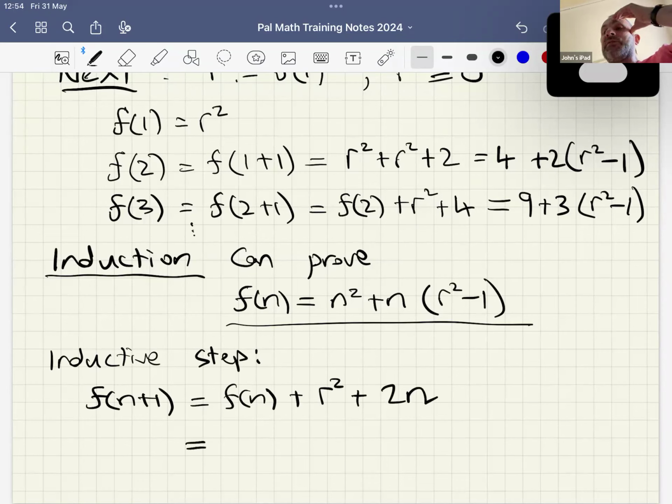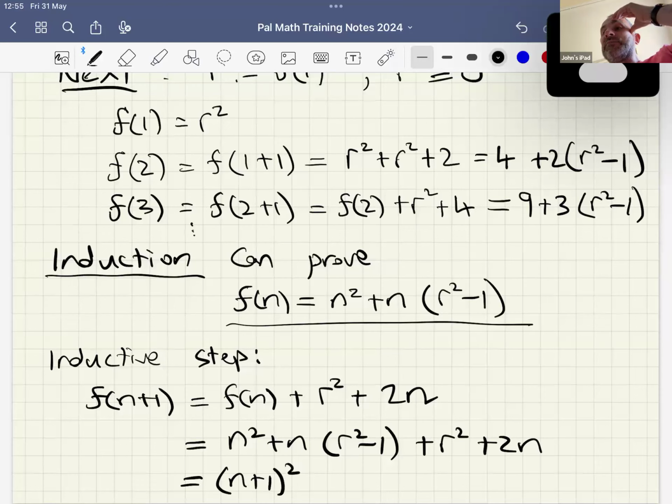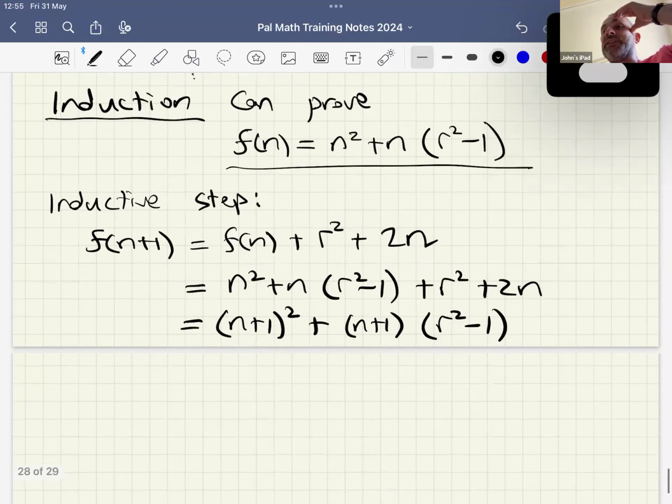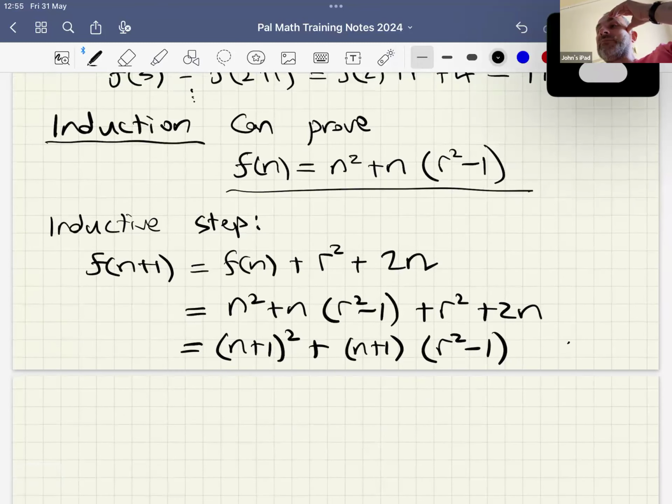So I'll substitute for f of n here. And it should be the case that this is n plus 1 squared plus n plus 1 into r squared minus 1. Okay, so I'm confident enough that you can check yourselves. I don't want to go too much over time, so you have to prove that inductive step.